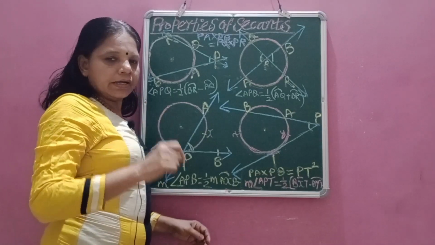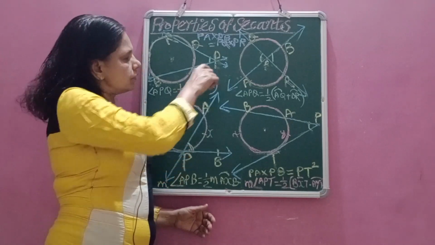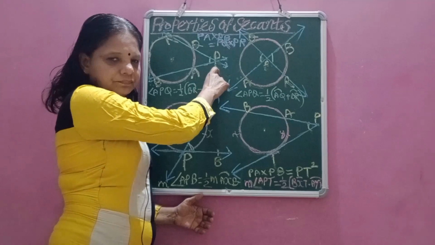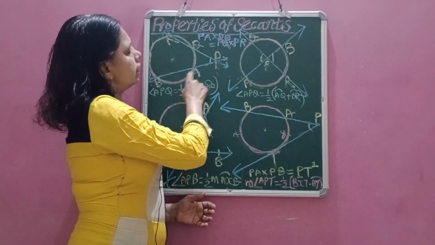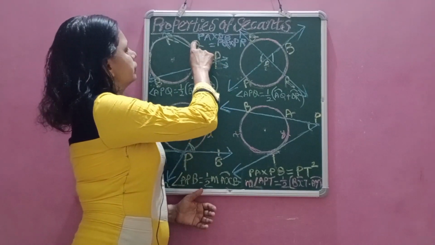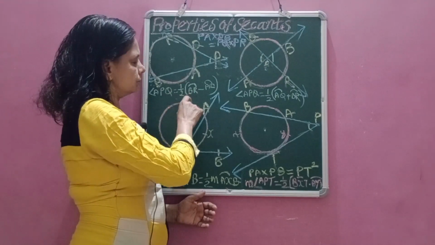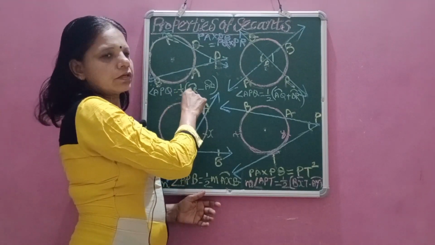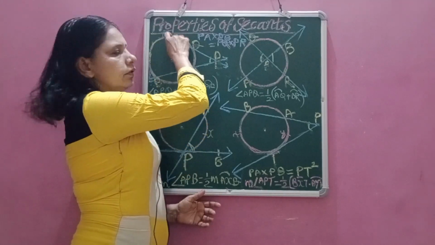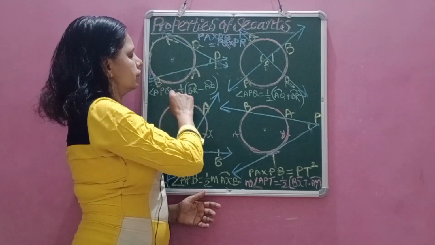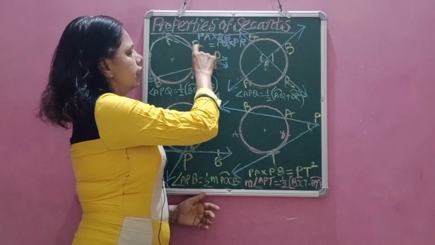Measure of that angle, if it is in the exterior, measure of angle APQ equal to half into measure of arc BR minus measure of arc AQ.